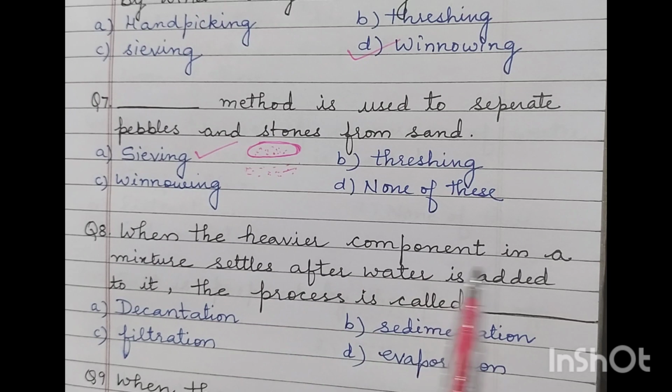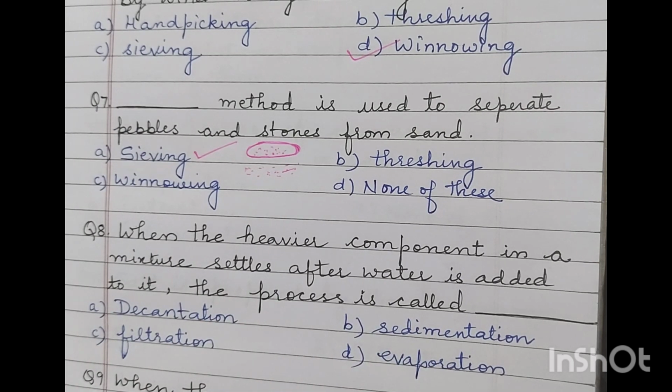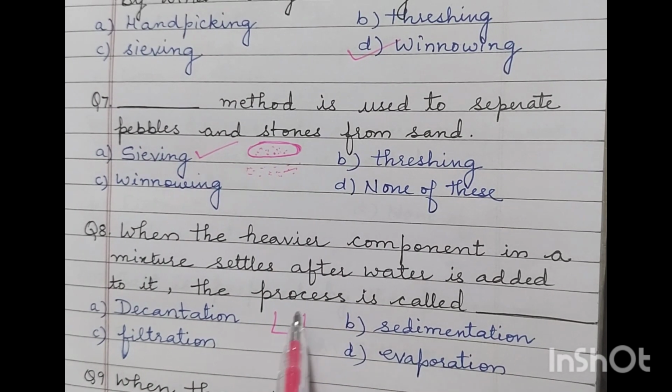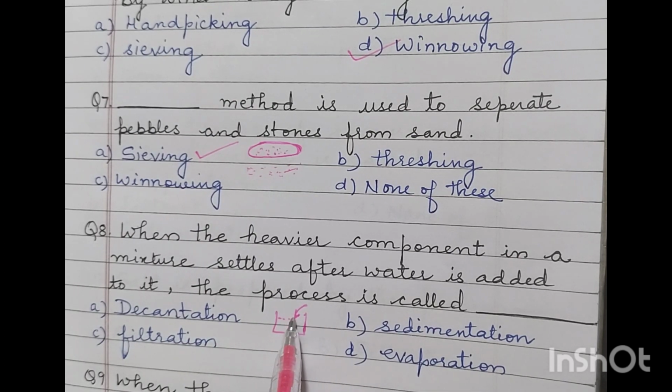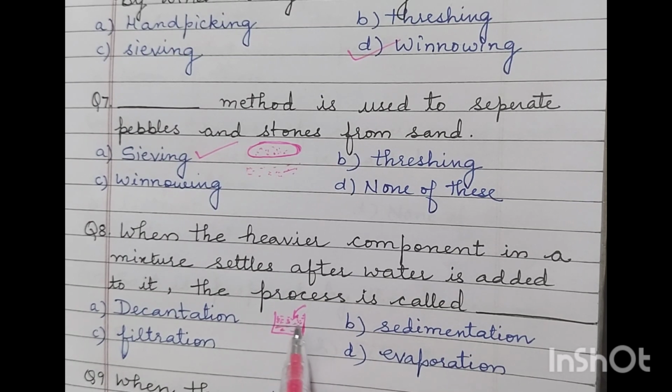When the heavier component in a mixture settles after water is added to it, the process is called decantation, sedimentation, filtration, or evaporation. Suppose we are putting chalk in this beaker. This beaker is filled with water. For example, we are putting chalk into the water.